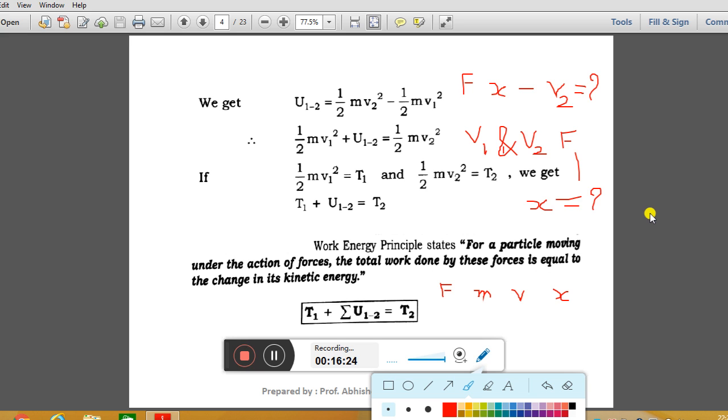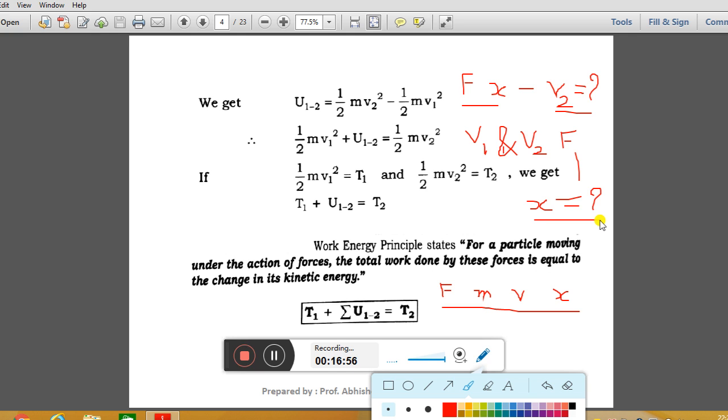So basically this principle is useful whenever the problem involves known and unknown parameters like force, mass, velocity and displacement. When we know the force and displacement, the velocity in the new position can be obtained. And when we know the initial and final velocity of the particle and the active forces, the displacement of the particle can be obtained.